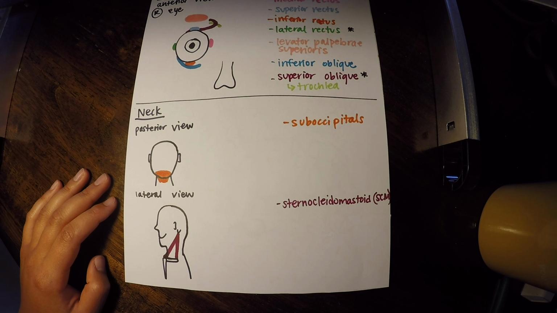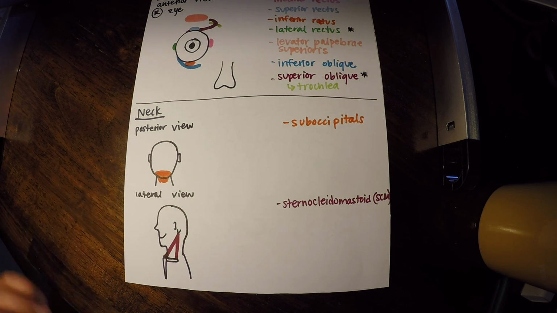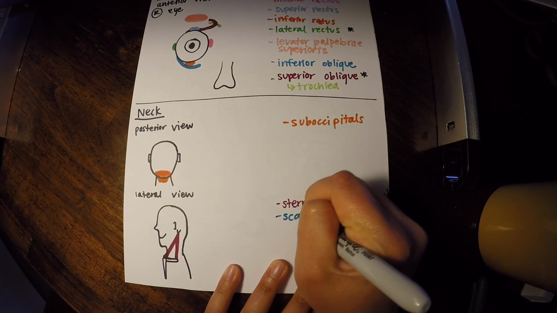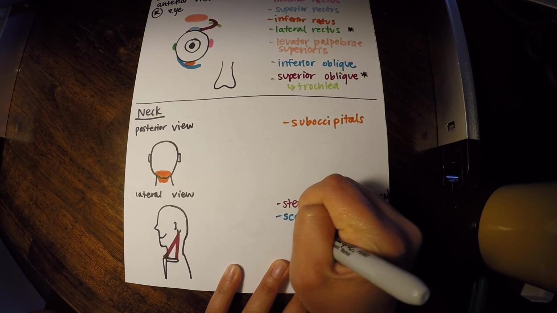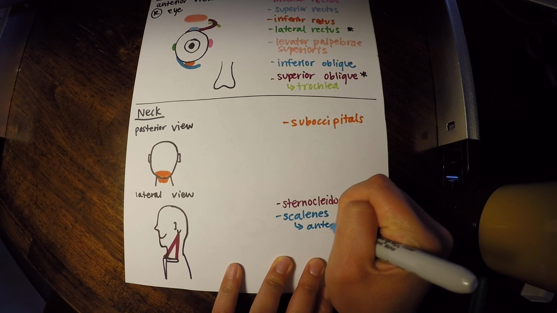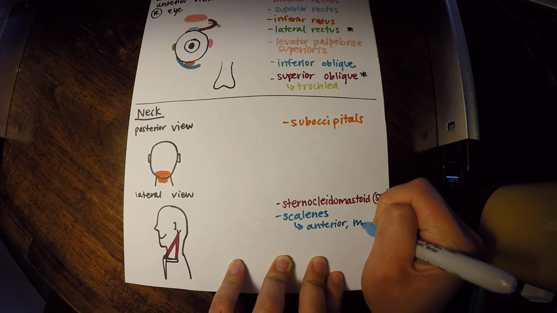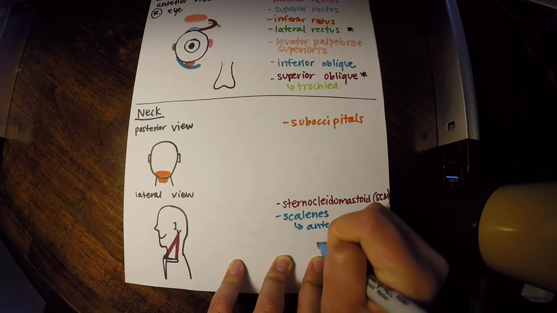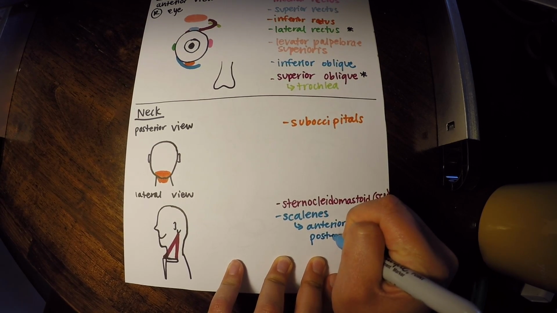Now, the other thing that I wanted us to learn here is our scalene muscles. And I'll write those out for us. Scalenes. For these scalenes, we have an anterior, middle, and posterior scalene.